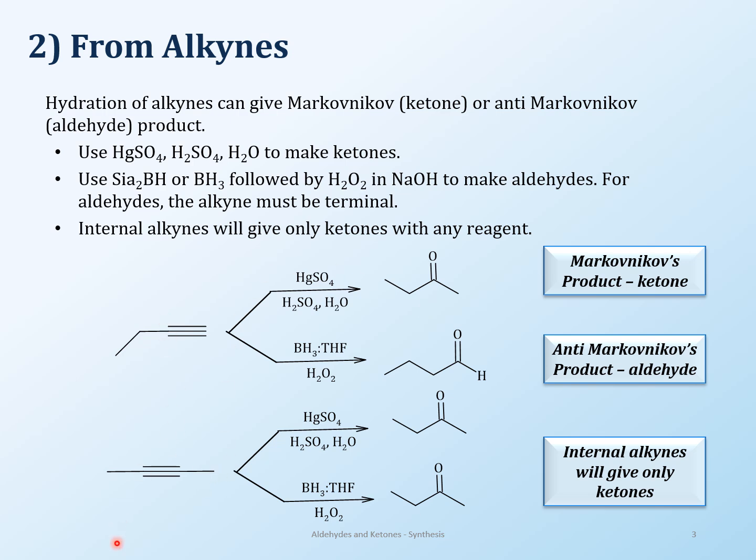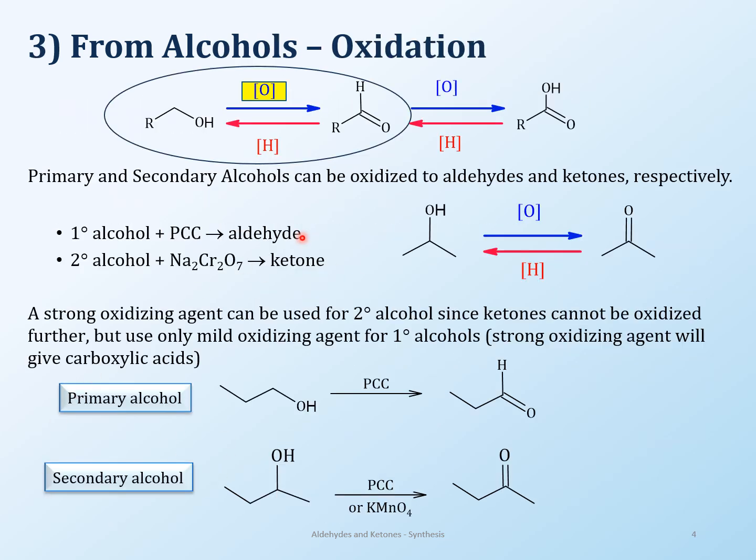So that's from alkynes. Then alcohols. This is my scheme of oxidation and reduction of alcohol to aldehyde to acid. In this scheme, we're going to deal with just the first part, going from alcohol to aldehyde or ketone.